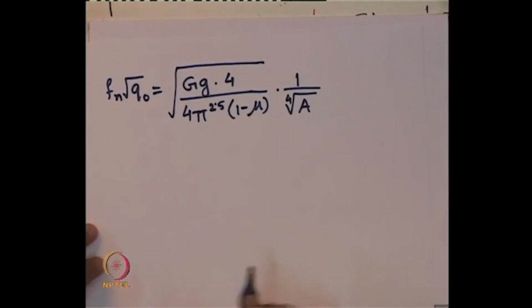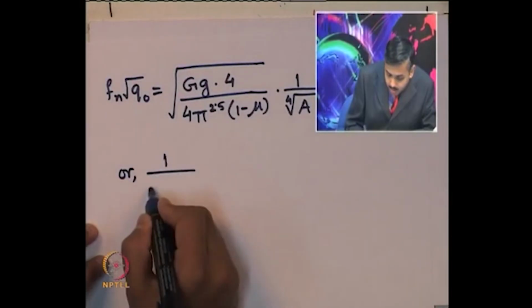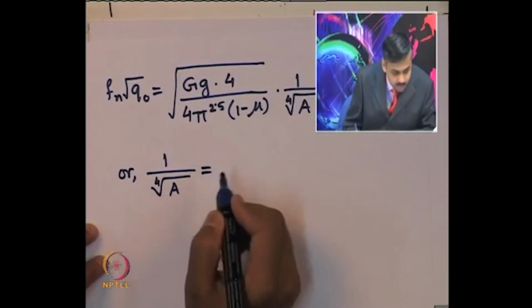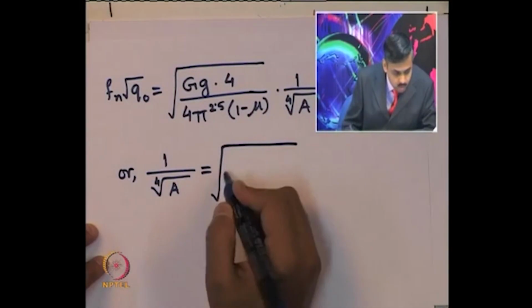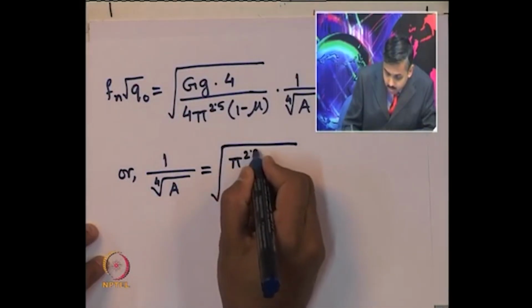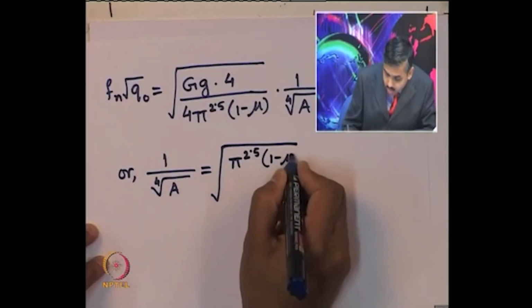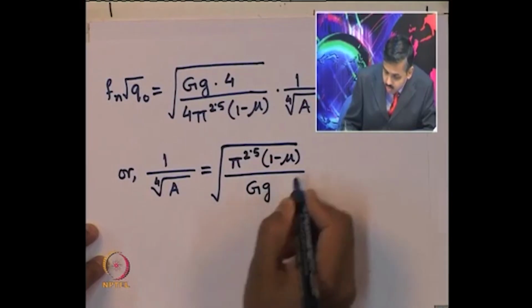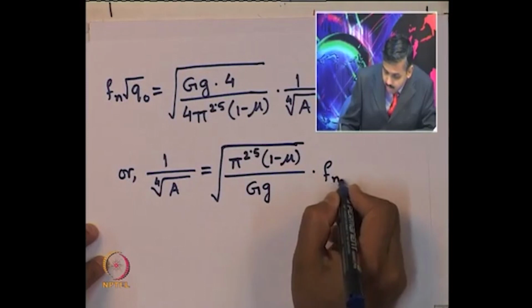Okay. Or 1 by 4th root of A is equal to root over pi to the power 2.5 1 minus mu by g into f n r.